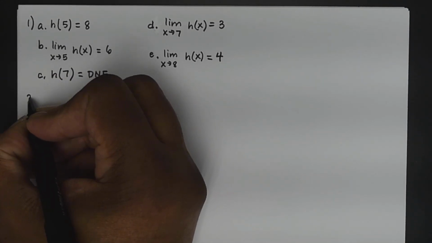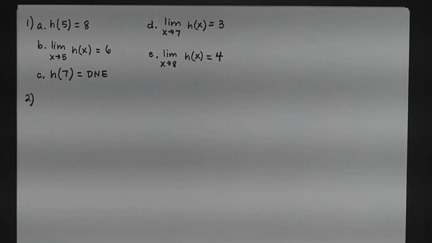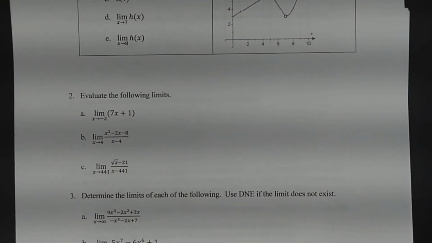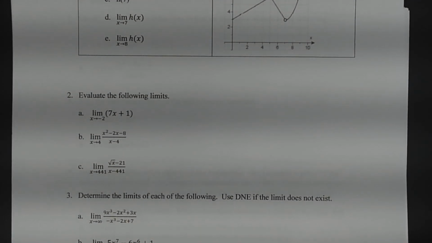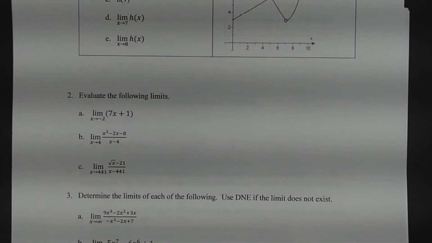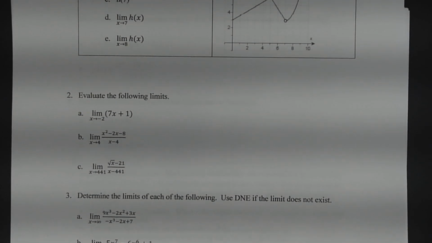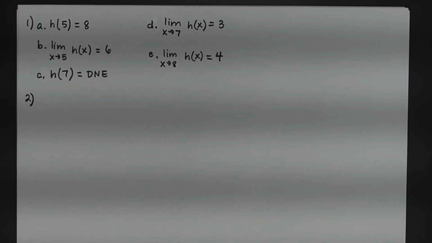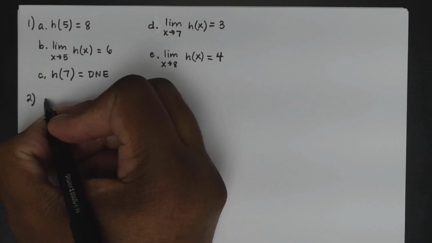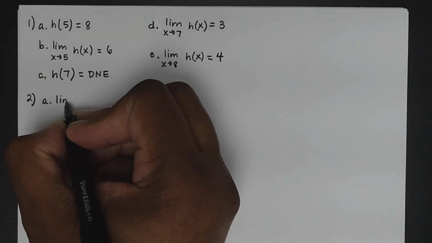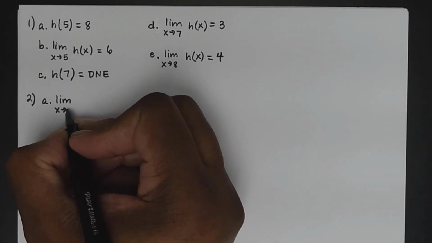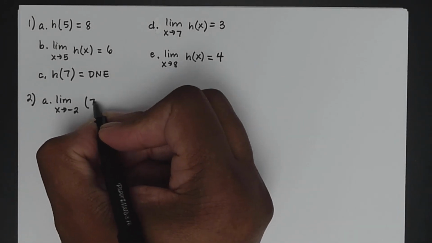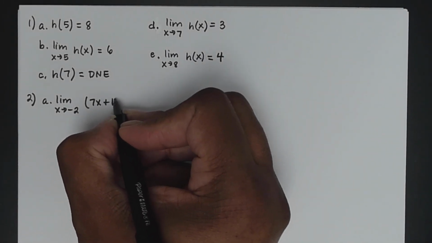In number 2, parts A, B, and C, we're going to evaluate the following limits. Here we've got the limit as x approaches negative 2 of 7x plus 1.